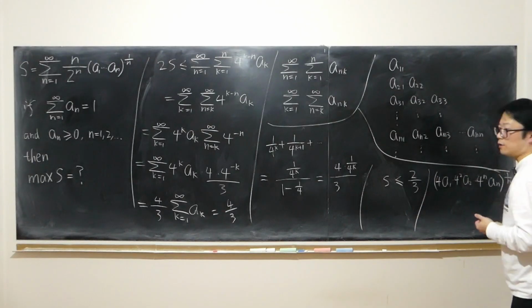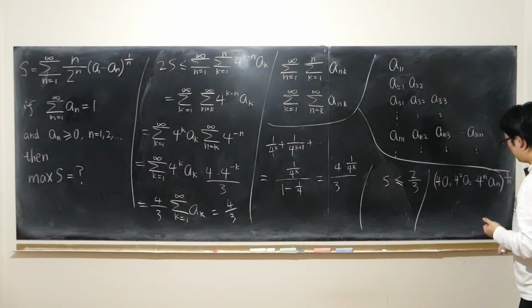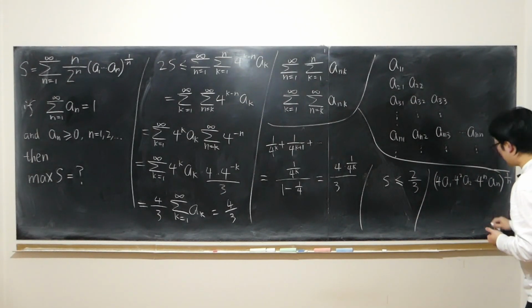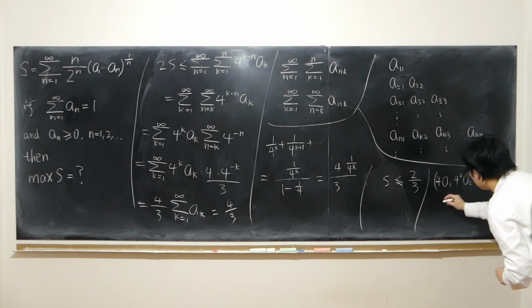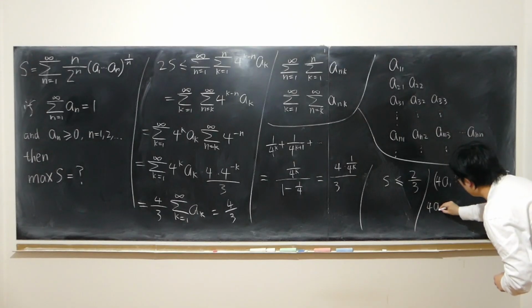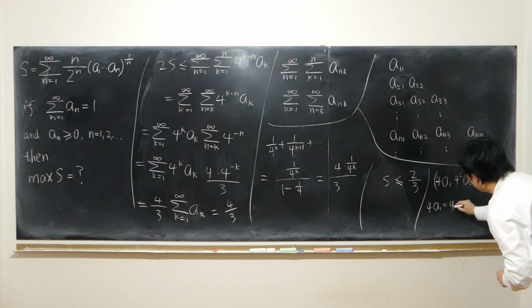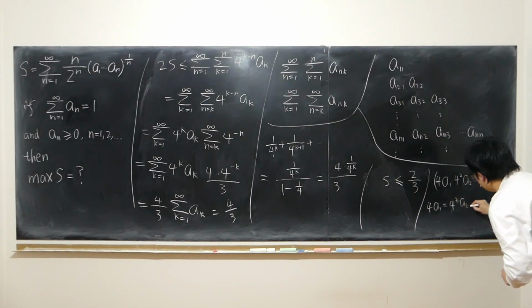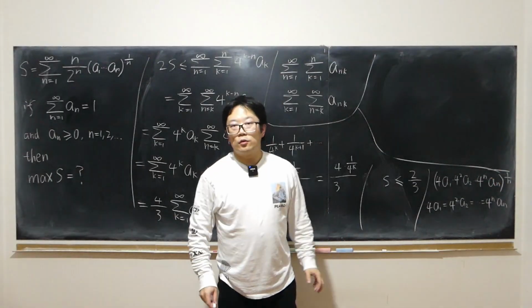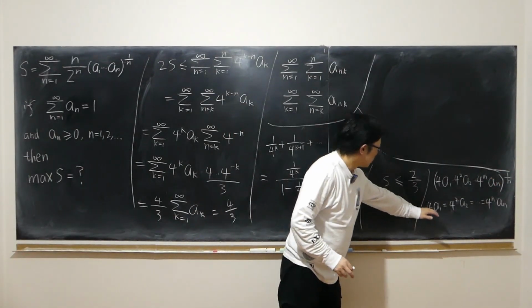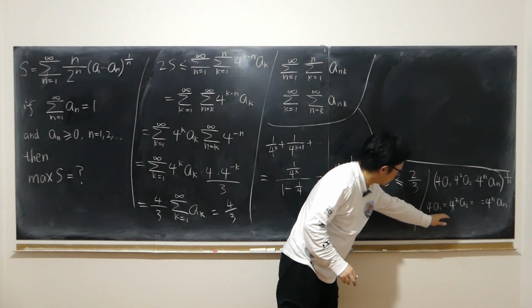So this AM-GM inequality is less than or equal to ... So equality holds when 4a1 equals 4 to the power 2 a2 all the way 4 to the power n an. So equal sign holds when we have those terms equal to each other.